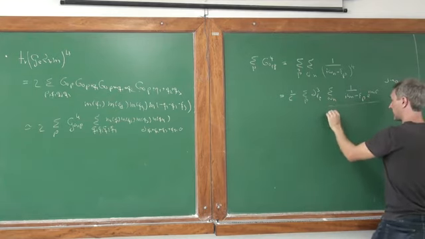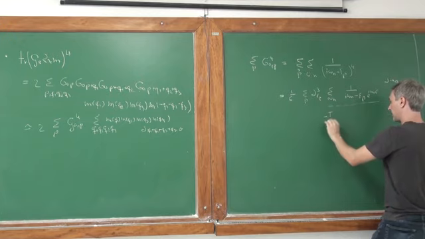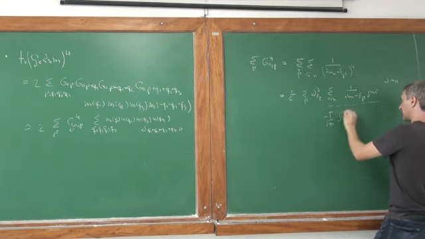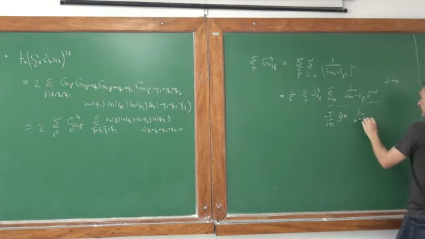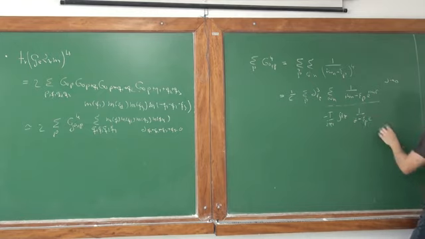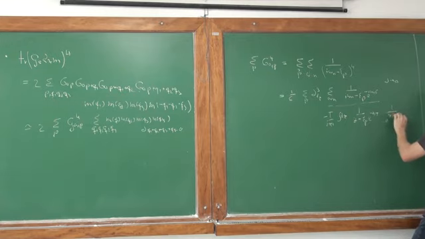This gives minus t over 2 pi I dz, 1 over z minus Cp. Then we have here, well, let's consider this, and the Fermi distribution, t plus 1 over.